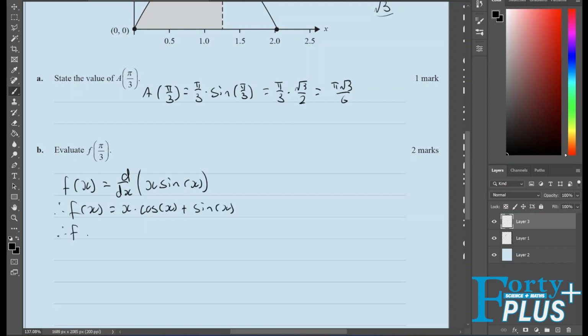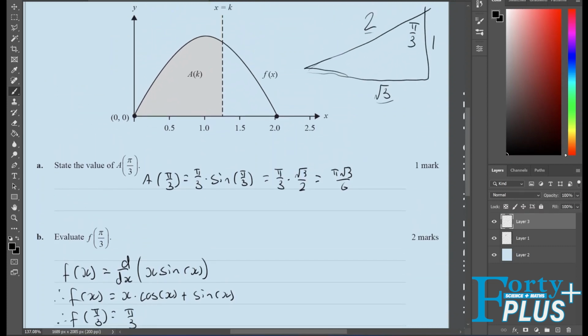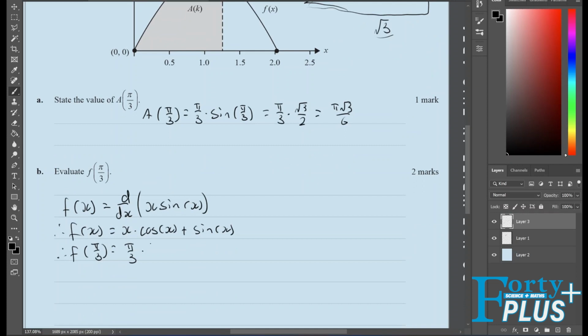So therefore, f of pi over 3 equals pi on 3 times cos of pi on 3. Cos of pi on 3 is 1/2. And we know that sine of pi on 3 is root 3 on 2. So that's going to, sorry, I wrote 1/3 instead of 1/2.